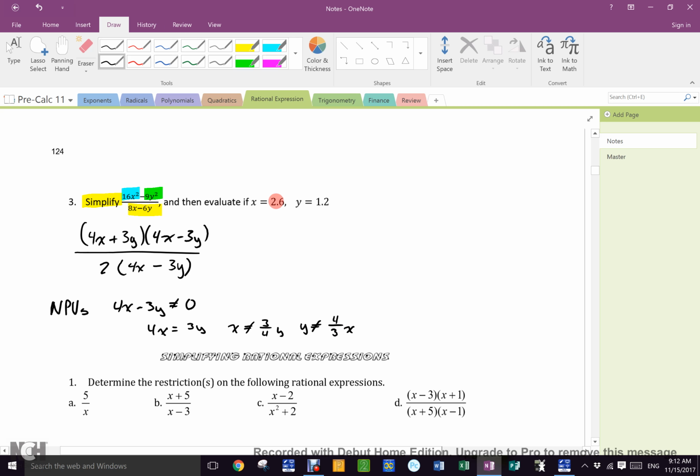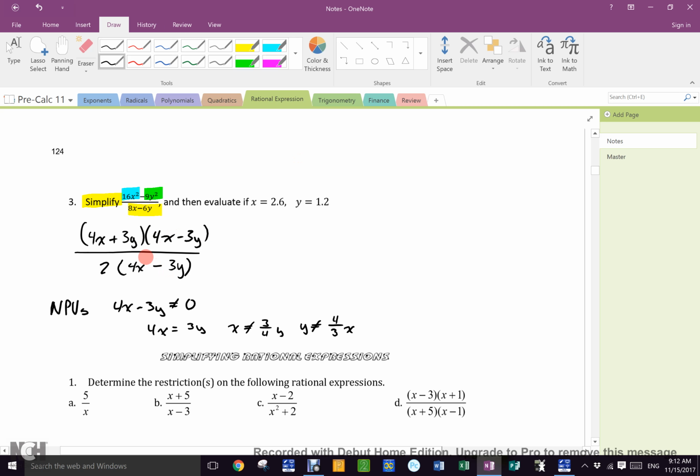So what if this said x equals 0.75? Could we do this question? Look carefully. I did this on purpose. X can't be 3/4 of y. Understand? So keep on the lookout for that.